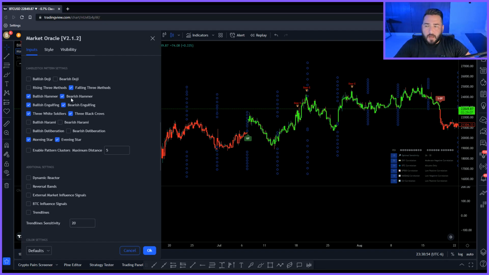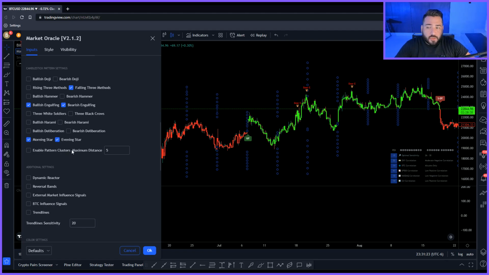But if you don't know anything and you just want to have a basic setting, basically the only ones that I look for personally, and this is me, remember you will need to take a look at your own. I'm going to be using bullish engulfing, bearish engulfing, FTM, so falling three methods, and morning star, evening star, and one more thing, enable pattern cluster.